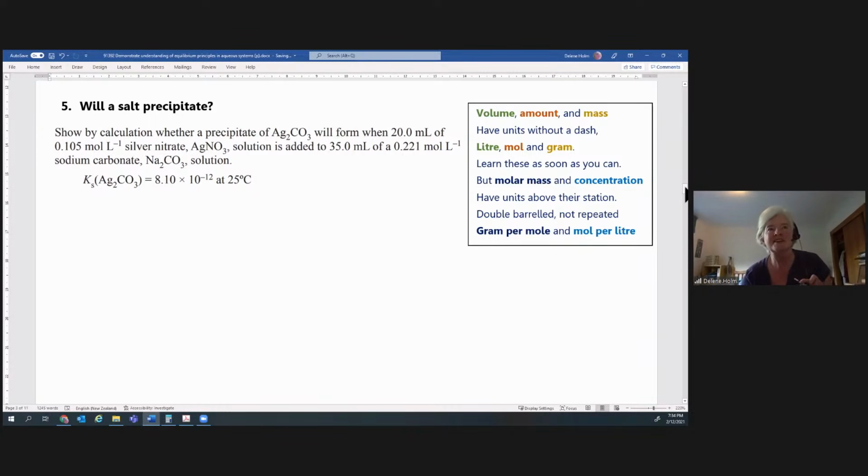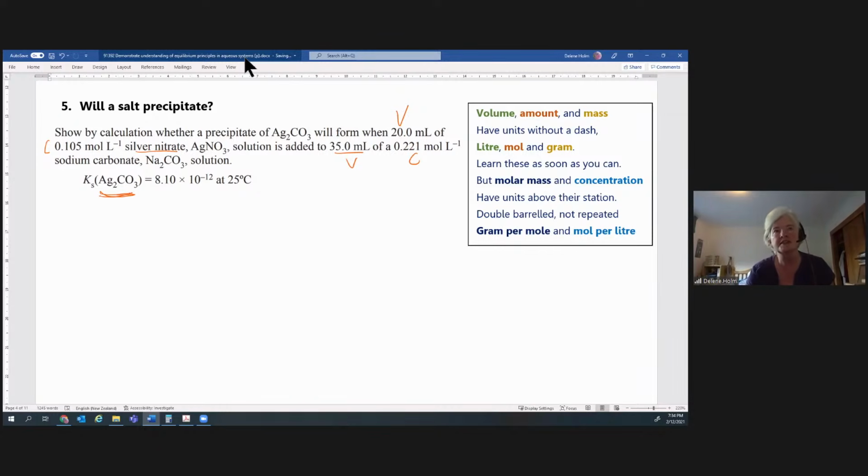But here, just to give an overview, remember what I said, when you go through this, work out I've got a volume and link it also to what the solution is, silver nitrate. So that's a concentration of silver nitrate, a volume of silver nitrate, a volume and a concentration, and I've got this Ks.